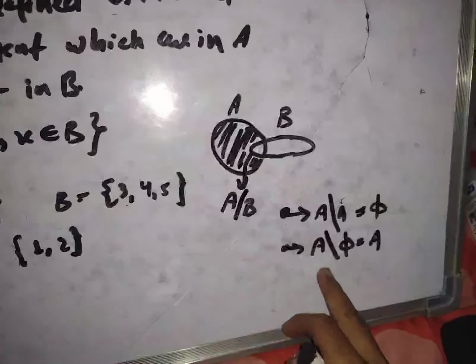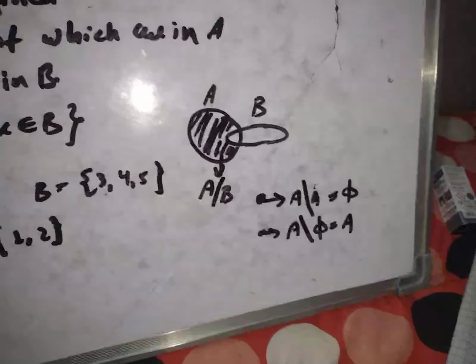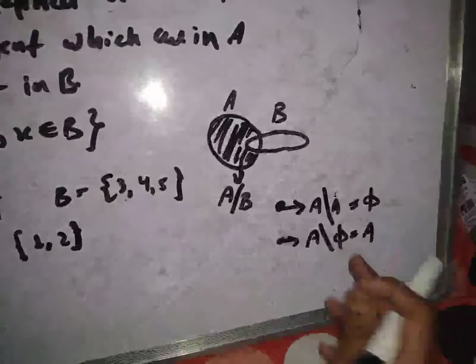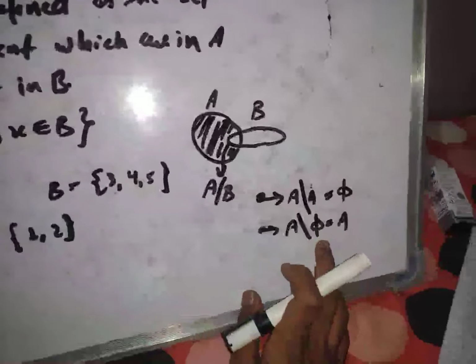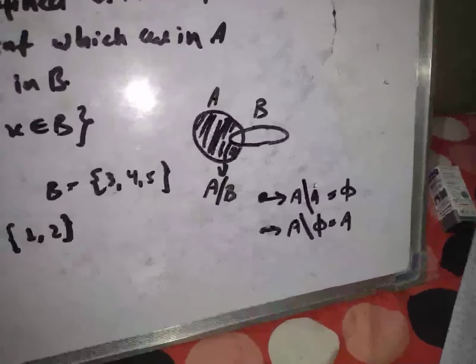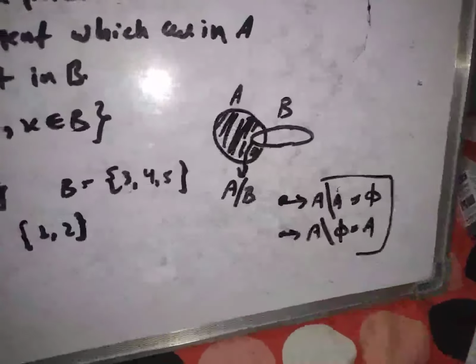And the second one is that the difference of set A and the null set is always set A, because all the elements of A are not in the null set. So yes, it satisfies. So these are the two very important points you can keep in mind.